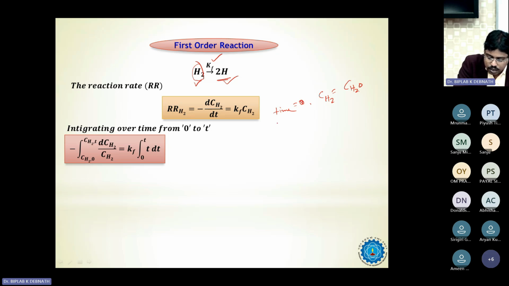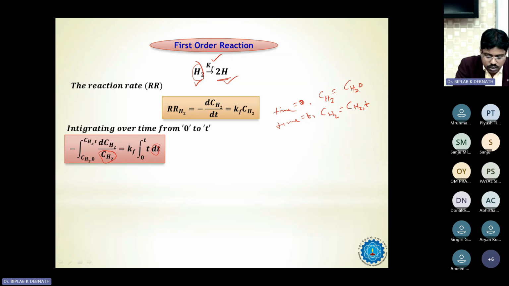But when time is equal to t, after a time t, the concentration of CH2 changes to CH2t. Between this limit, to do the integration, we bring CH2 down to the denominator and dt up here, and we do the integration.